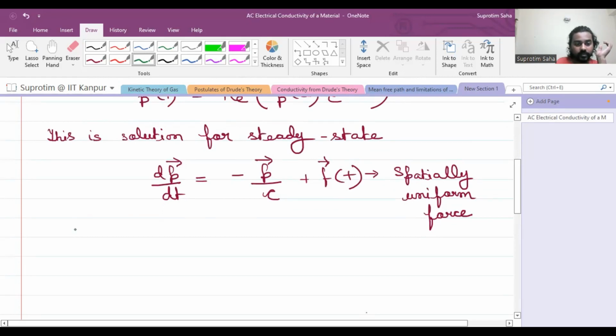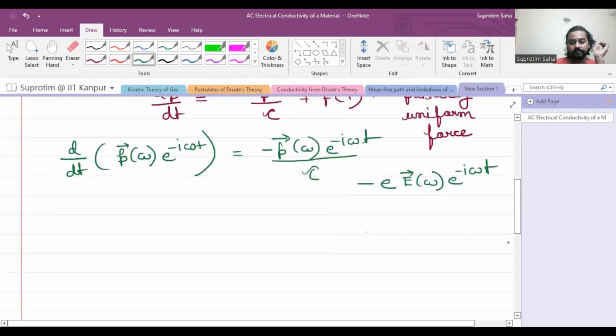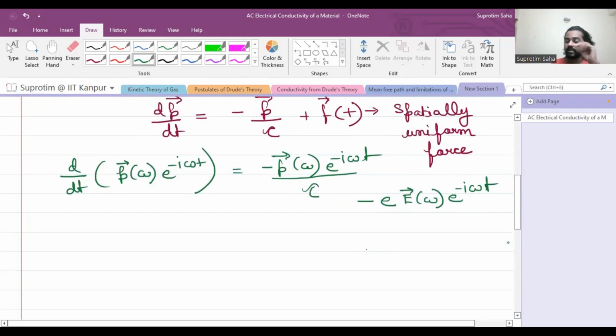d by dt of p vector omega e raised to minus i omega t is equals to minus p vector omega e raised to minus i omega t by tau minus e times the electric field. So the force here is given by the electric field.